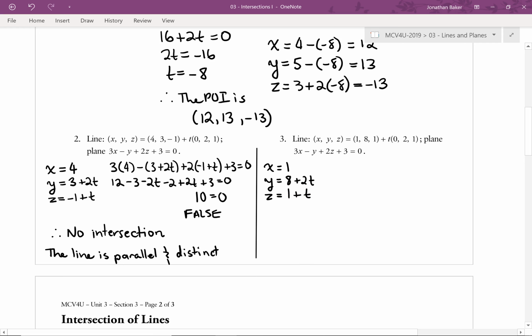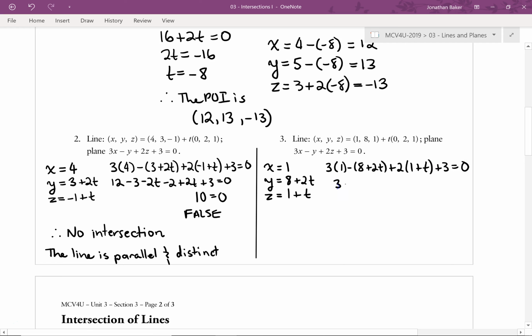Now when we put these in, we get something else. We're going to get 3 times 1 minus 8 plus 2t plus 2 times 1 plus t plus 3 equals 0.